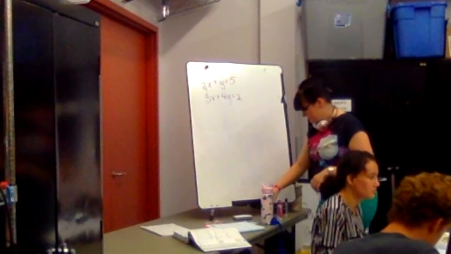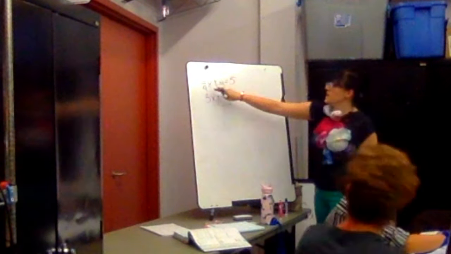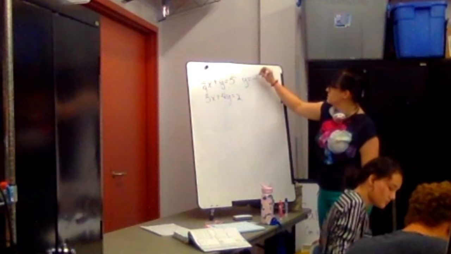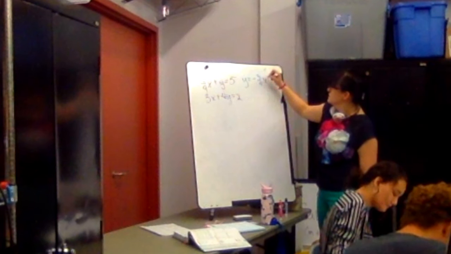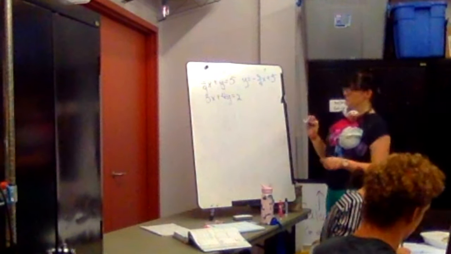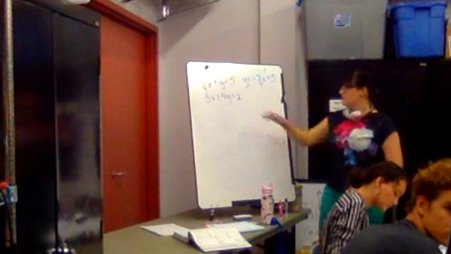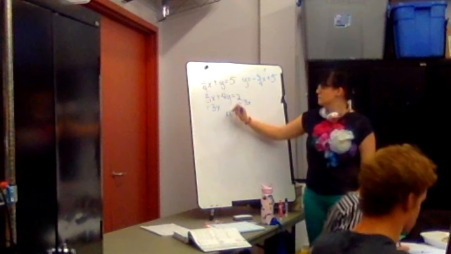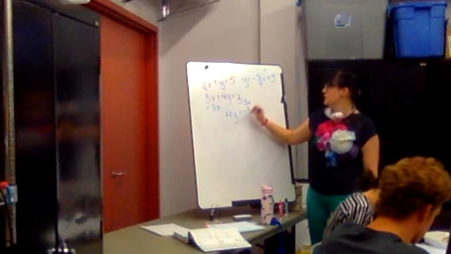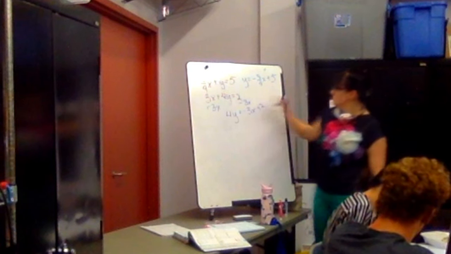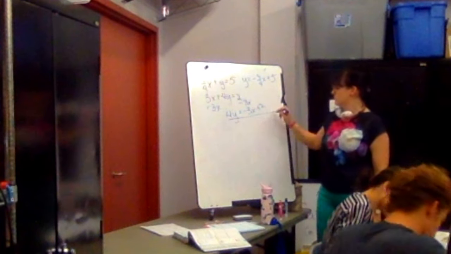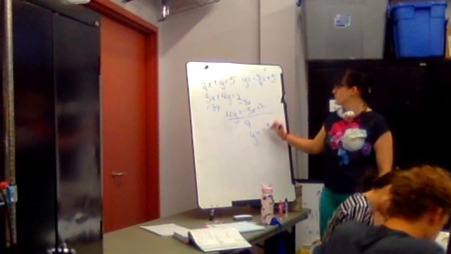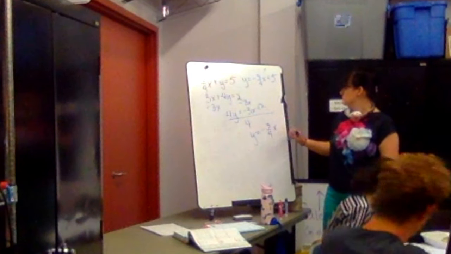So, I move my x from this one by subtracting it from both sides, and I get that y equals negative 3/4 x plus 5. Here, moving my 3x, I get that 4y equals negative 3x plus 2. Divide everything by 4. And I get that y equals negative 3/4 x plus 2.